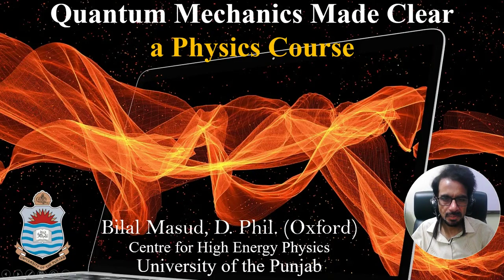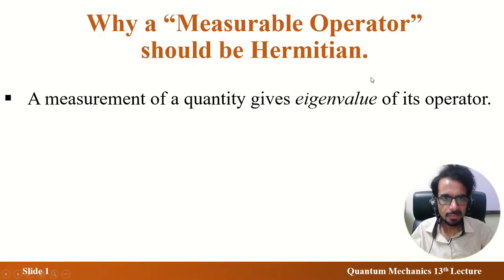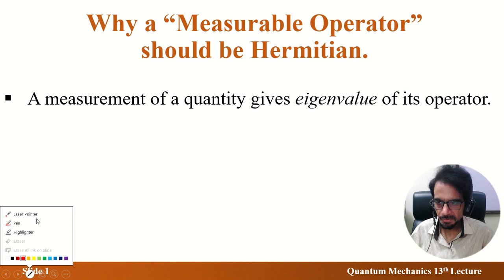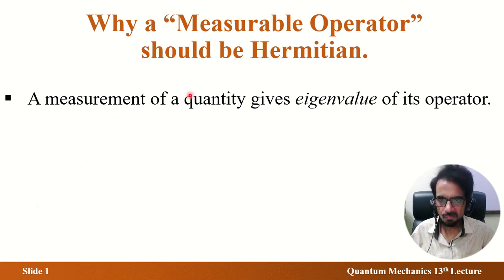The whole of quantum mechanics and its applications can be covered with three sentences. Sentence number one: if you have to predict the numerical value of any quantity, find its operator.